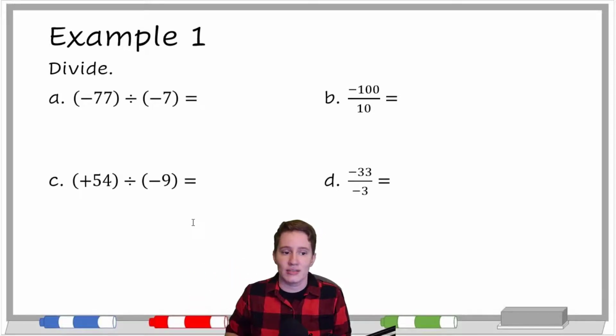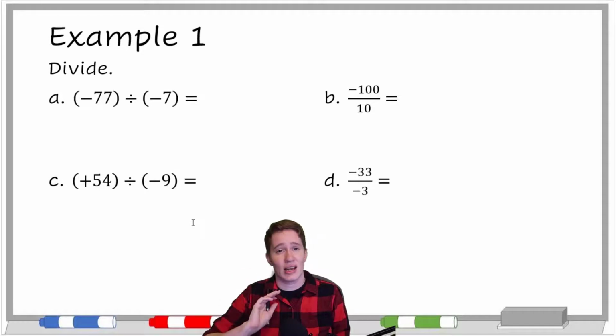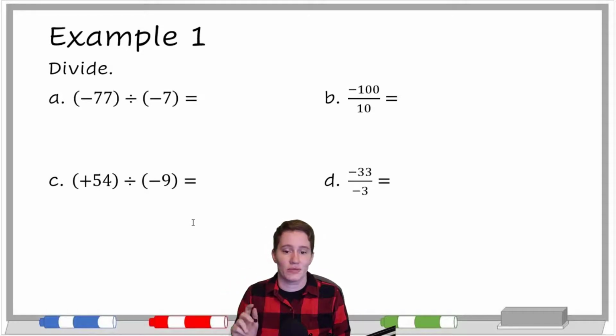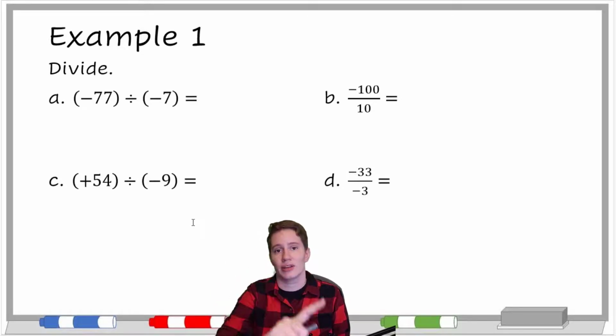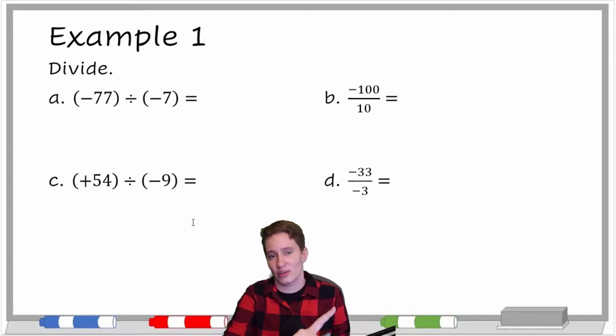On A, negative 77 divided by negative 7. Now, one way to think of all of these that might be helpful is to think of it as two separate things. First, divide the numbers in general. So 77 divided by 7 gives us what number? If that's the part that you're having trouble with on all of these, that is a different issue than if you're getting the positive or negative part of it wrong.